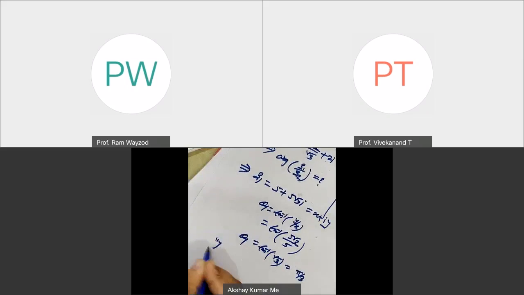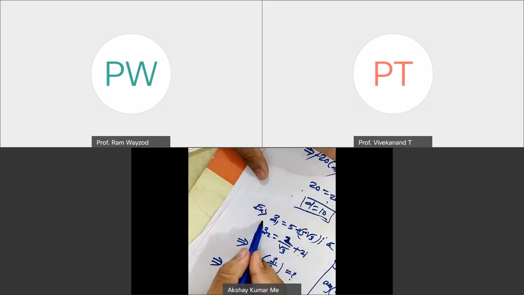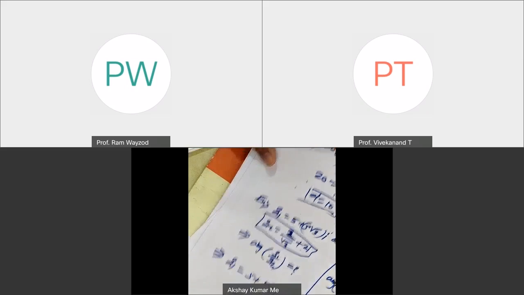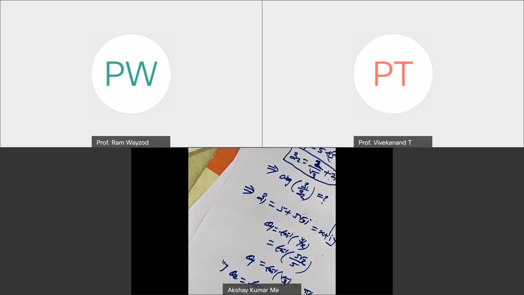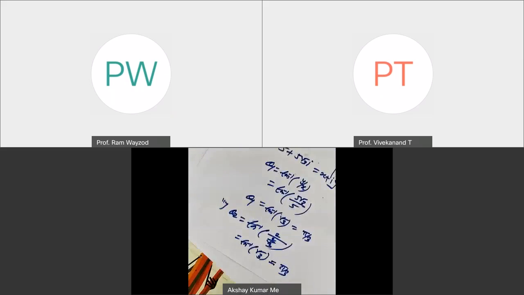Similarly, theta 2 for Z2 is equal to 2 upon root 3 plus 2i. So tan inverse 2 upon 2 root 3. So we get tan inverse root 3, which means 5 by 3.